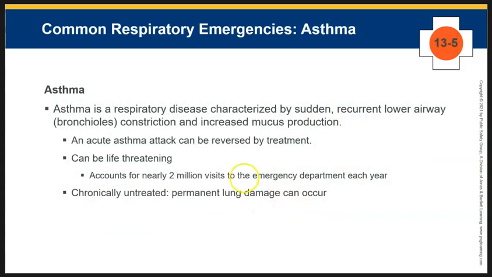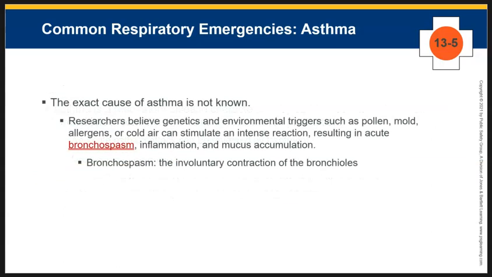Another respiratory emergency is asthma, which is due to sudden constriction of the bronchioles in the lower airway. An acute asthma attack can be reversed by treatment, and so we'll look later at the skill of assisting a patient with their inhaler. However, understand this can still be life-threatening. The exact cause of asthma is not known.